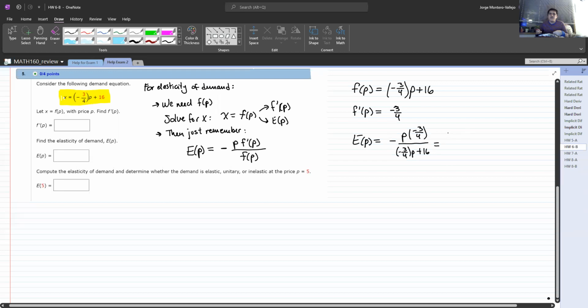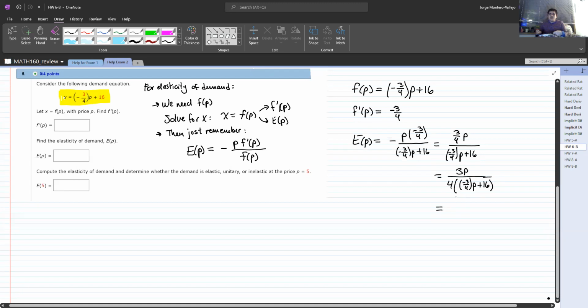So then you have 3/4 P divided by -3/4 P plus 16. Another thing that we can do is this 4 in the denominator, you can actually send it to multiply the whole denominator. So then that will leave us with 3P divided by 4 times -3/4 P plus 16.